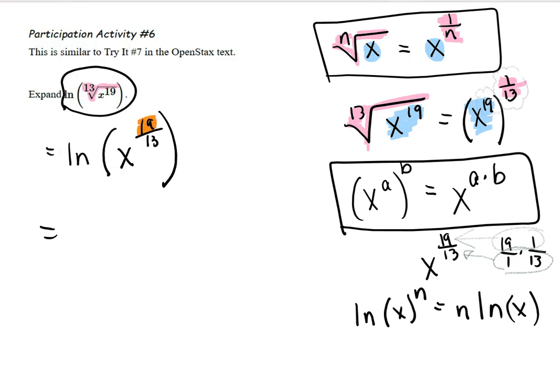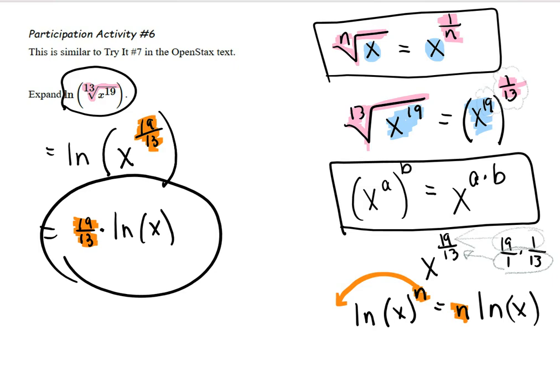You take the exponent, it goes out in front. So out in front is going to be your 19/13 times the natural log of x. And that is my answer.